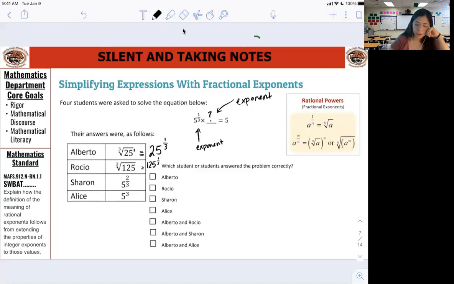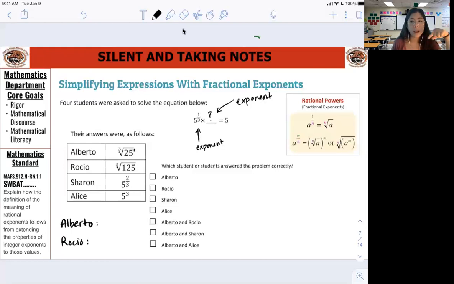Now here's another question. Let me write these down here. Look at Alberto and look at Rocio one more time. Will any of those be a perfect cube?